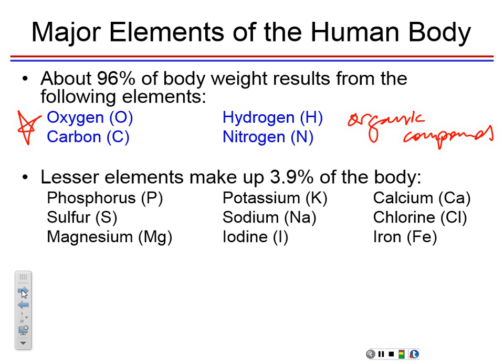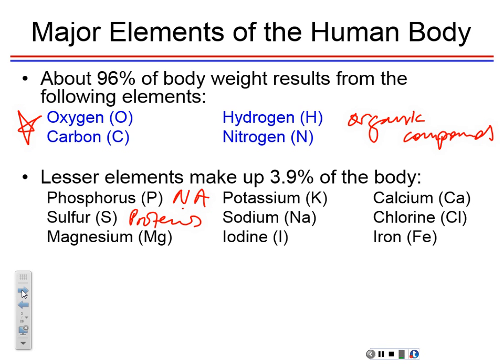In which of those 4 organic compounds do we find sulfur? So we said nucleic acids. What's the other one? What's the organic compound that makes muscle? Proteins. Proteins, yeah, we find sulfur in proteins.